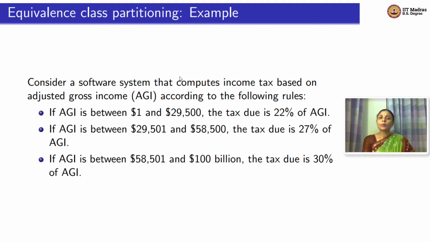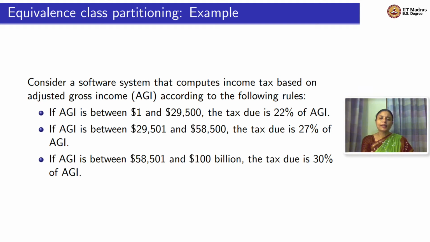The software system is supposed to compute income tax based on the adjusted gross income, AGI. And there are some rules to compute the amount of income tax the person has to pay. These are the rules. If the annual adjusted gross income is between $1 and $29,500, just as an example, the tax to be paid is 22% of the AGI.